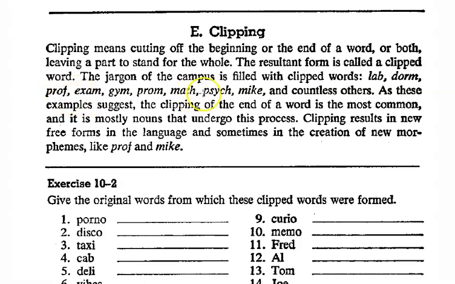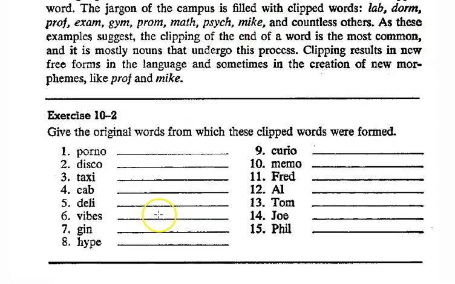Other famous ones are lab, laboratory, dorm, dormitory, etc. These are cut words, all right? And again, we can cut from the beginning or the end, or both, from the beginning and the end.